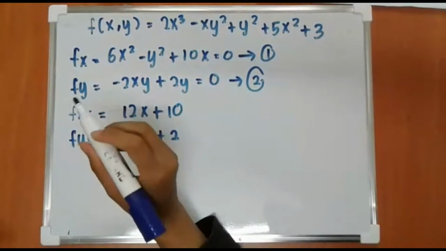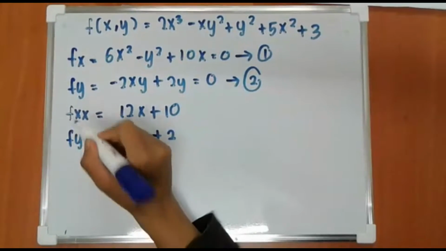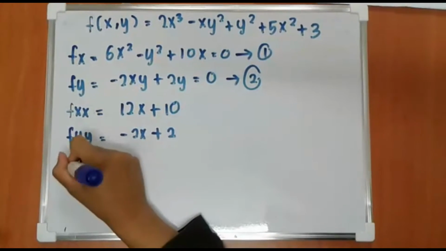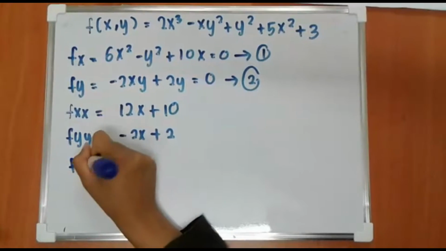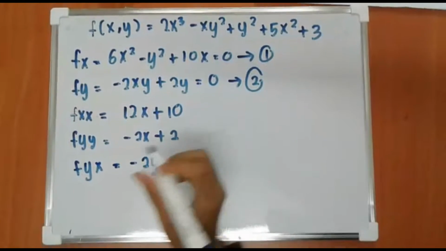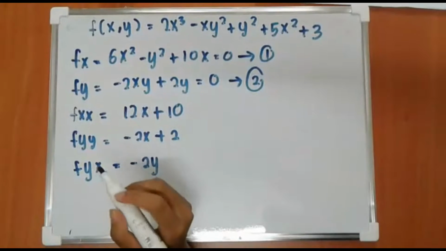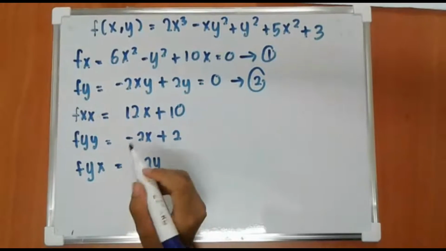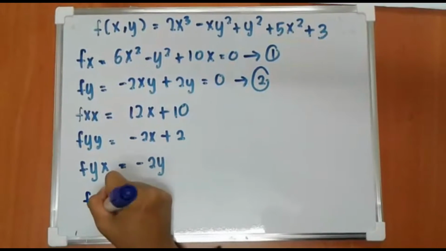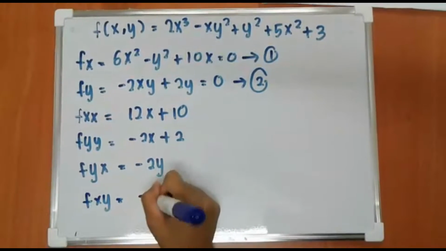Then we differentiate x toward partial y, and it will become fyx = -2y, and differentiate y toward partial x, and it will become fxy = -2y.